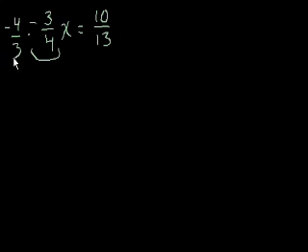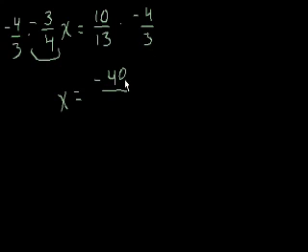So if we multiply the left-hand side by negative 4/3, we also have to do the same thing to the right-hand side, minus 4/3. On the left-hand side, the minus 4/3 and the 3/4 cancel out. You could work it out on your own to see that they do. They equal 1, so we're just left with x is equal to 10 times minus 4, which is minus 40, over 13 times 3, which is 39.